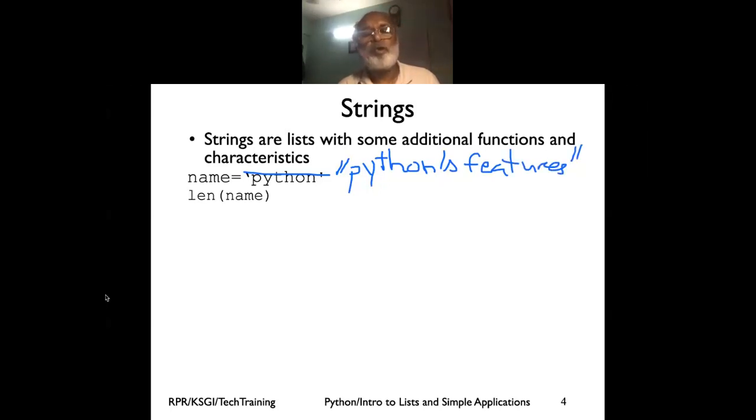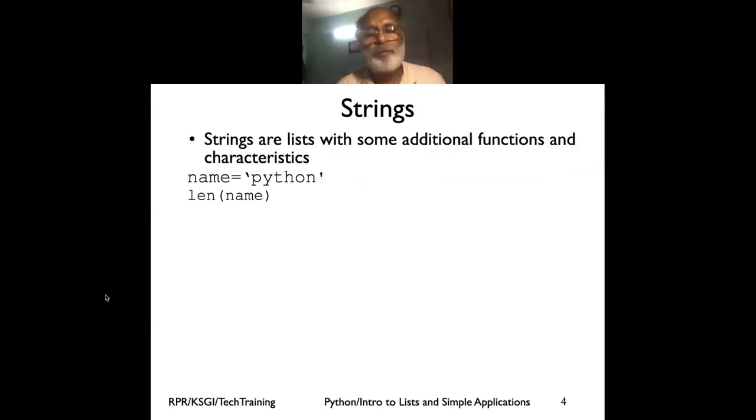If the quote is part of your data, then use the other kind as the starting and ending of the string. In this case, this single quote is part of the data, and the double quotes are making the string, or vice versa.